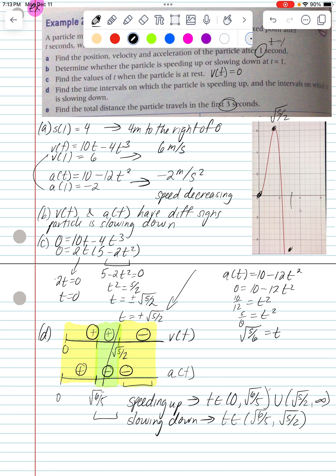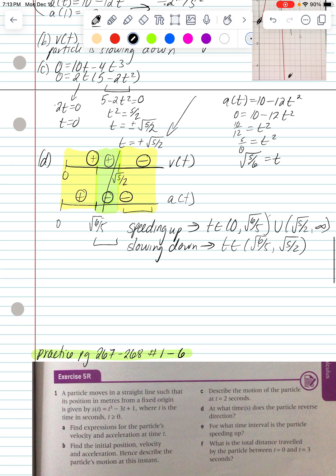So to do that, we're going to test what's happening from time 0 to time root 5 over 2, and then we'll test from time root 5 over 2 until the time of 3 by plugging those values into the position function and subtracting them.